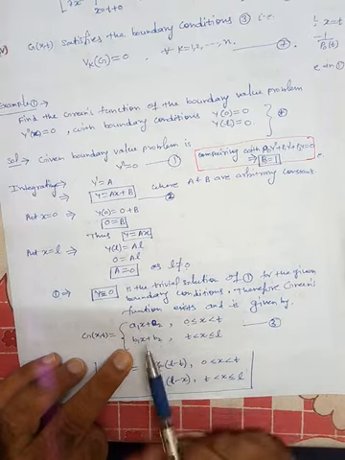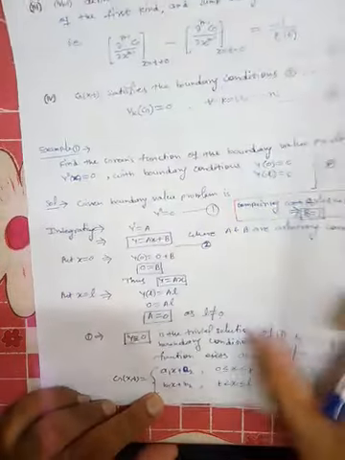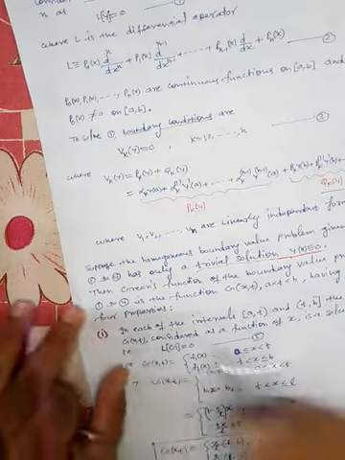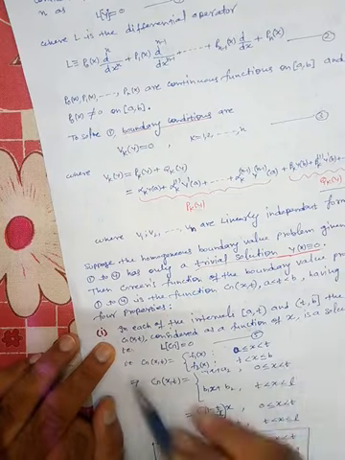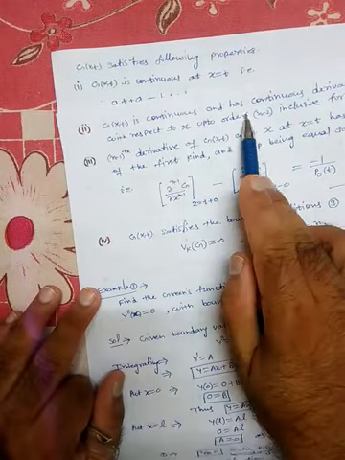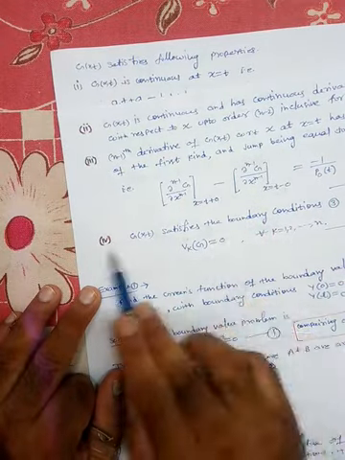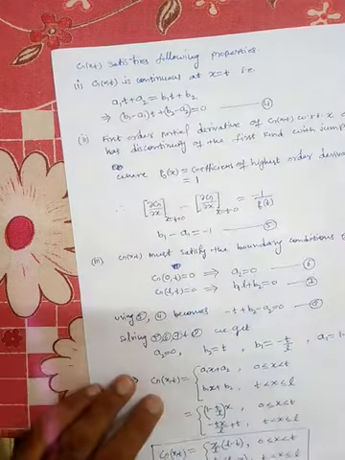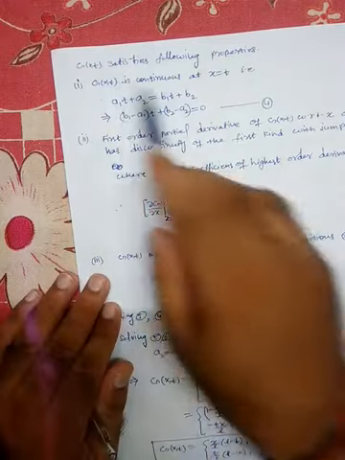Now to find out these arbitrary constants, we can use the properties satisfied by G. The first property is already considered here. So now we can use the second, third and fourth properties.